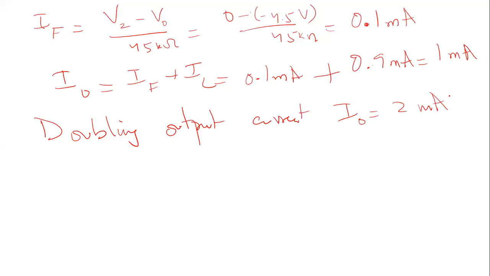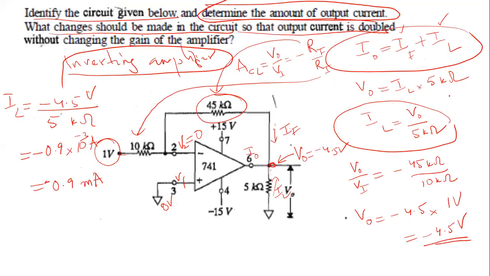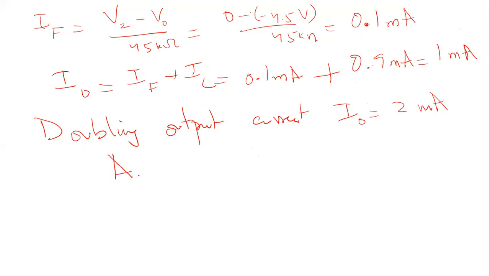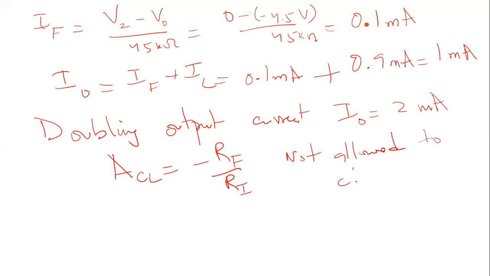Okay, now it also said here further, without changing the gain of the amplifier. So the gain of your amplifier is minus of RF on RI. So without changing the gain of the amplifier means you are not allowed to change your RI and RF value.